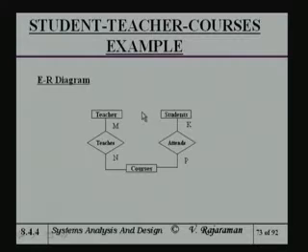So that means a multivalued dependency. A teacher can teach many courses, and a course can be taught by many teachers. And similarly, students attend many courses, and courses may be attended by many students. Okay, obviously.